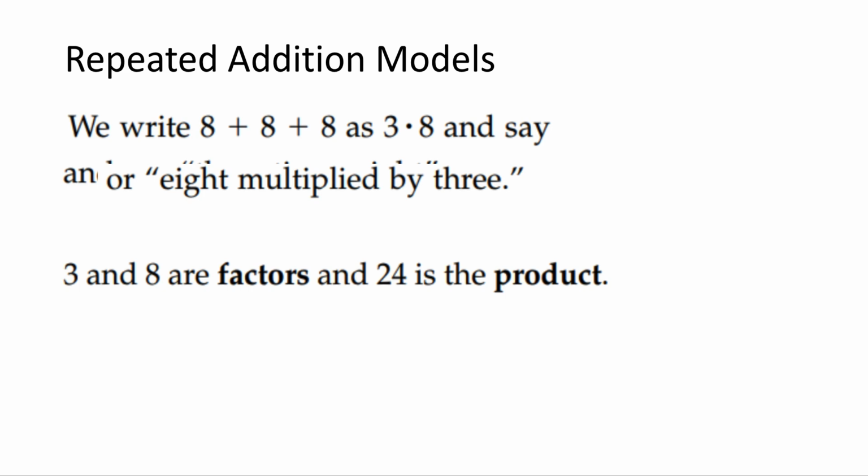If we extend this terminology to division, we know 24 divided by 3 equals 8, right? We call 24 the dividend because that is the number that is divided. And 3 is dividing 24, right?